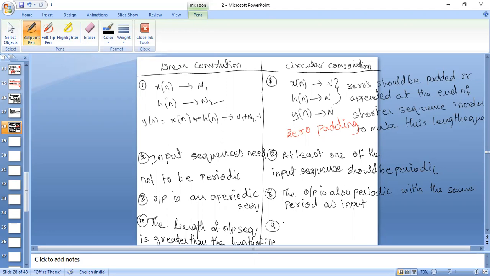Here, length of the output sequence is equal to the length of input. Here, in fact, first and fourth point are one and the same. Here, in the first point, we are mentioning that length of both the sequences should be equal and length of output sequence is also equal to the length of input sequence. Right? That's what we are mentioning here. Right?